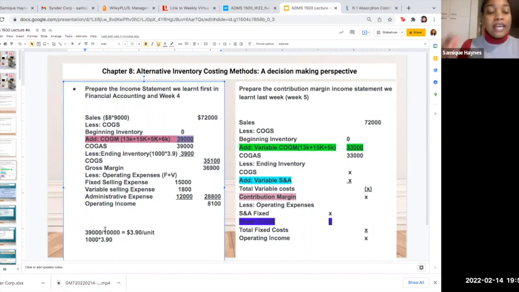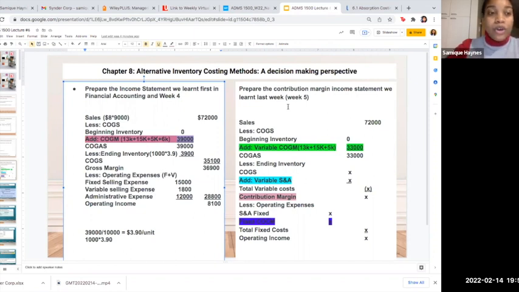We produced 10,000 units, so $3.90 is how much it costs to produce one unit. So ending inventory is 1,000 units times $3.90, giving us an ending inventory cost of $3,900. Is that clear in the first bit?